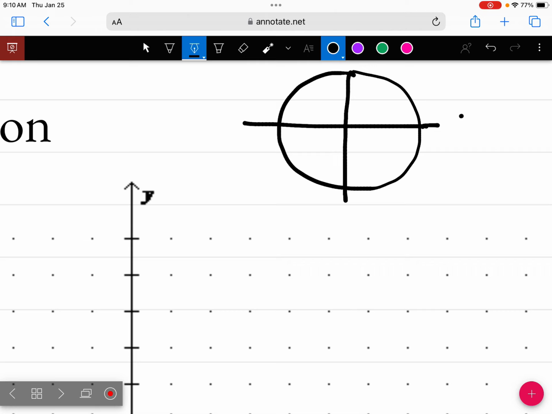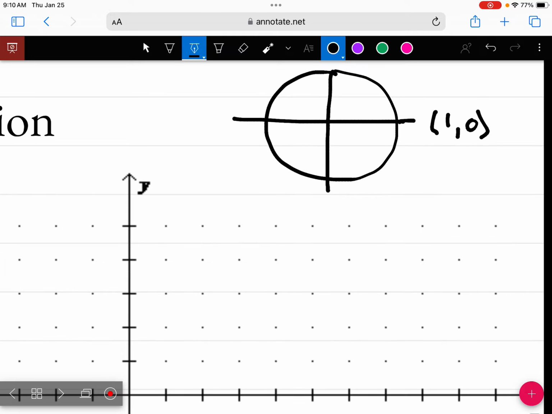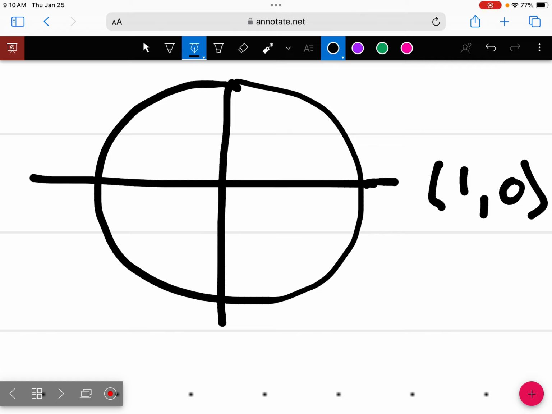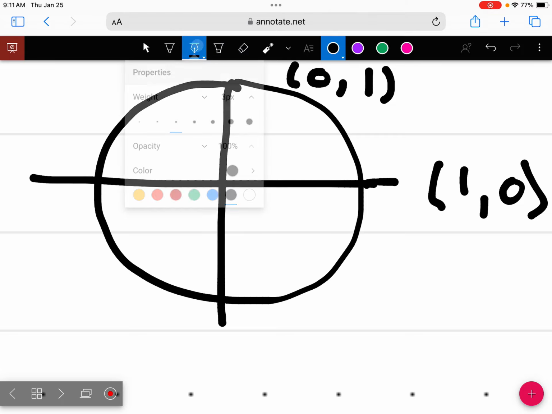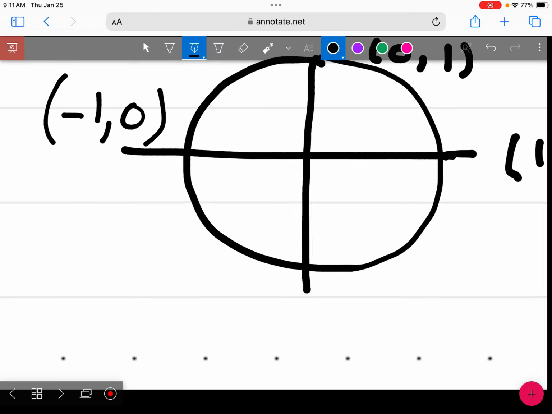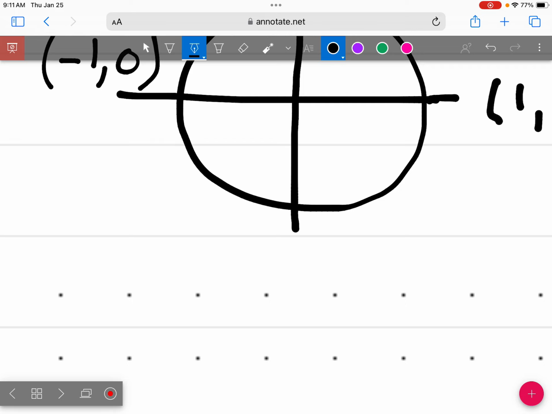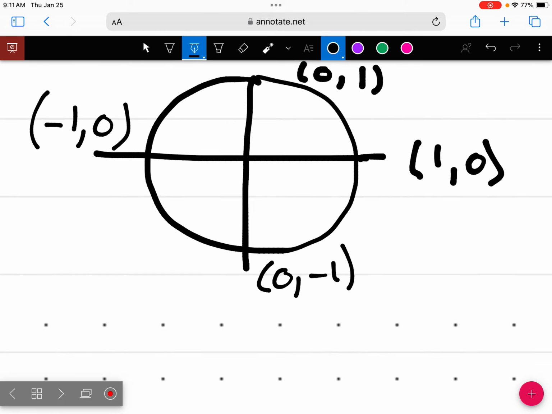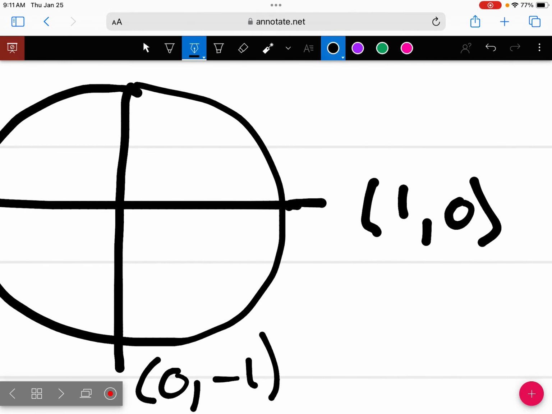So I'm going to put my 1, 0, 0, 1, -1, 0, and our 0, -1. I'm going to switch that top one to the skinny pen because that feels super cramped. Those guys match up.